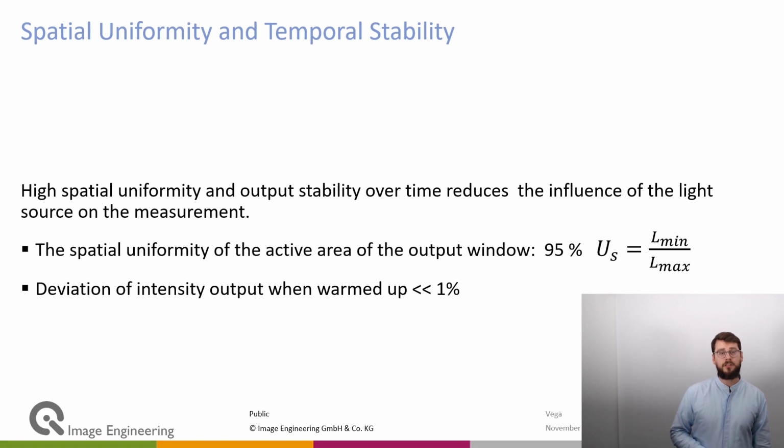So if you want to reduce the influence of the light source on your measurement, you have to have a most uniform spatial light source. In the case of the VEGA, it is 95% over the whole output window. So going down to each patch, it is much higher. And the deviation of intensity output when warmed up is much less than 1%.